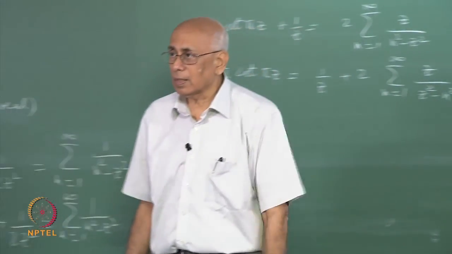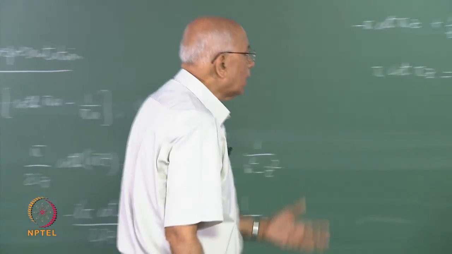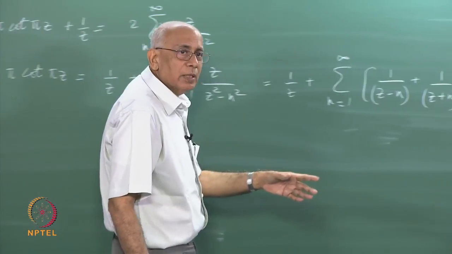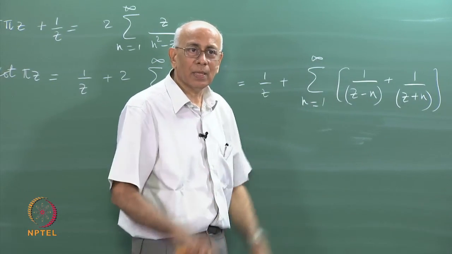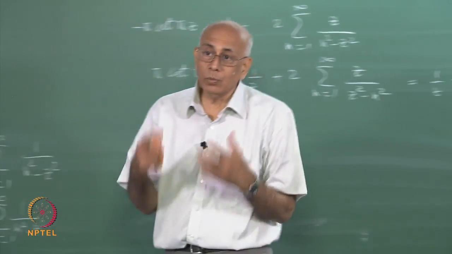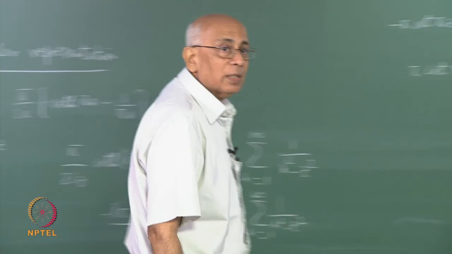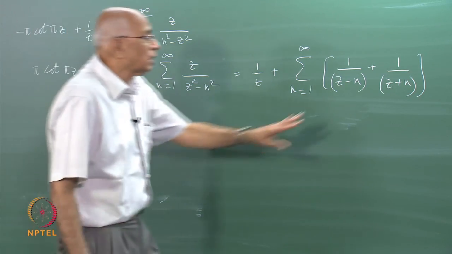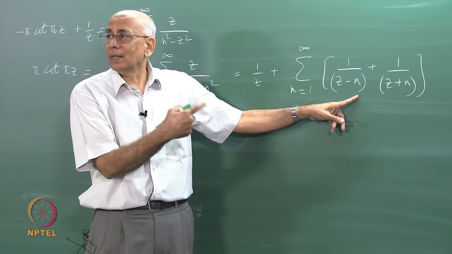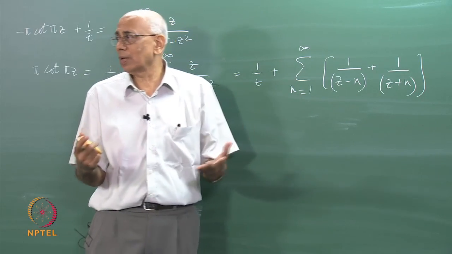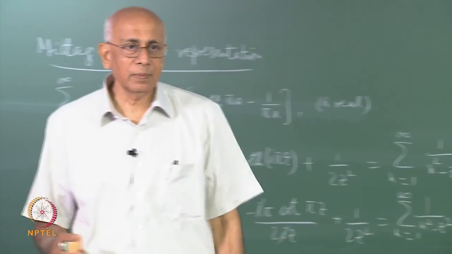This looks like such a representation, but not quite, because it is clear that it is not such a representation unless I can write this sum and this sum separately as two separate sums. Only then would it be a sum over all the poles individually. On the other hand, such a sum will diverge, because if I just remove this and write 1 over z minus n, then this goes like 1 over n, and therefore it blows up logarithmically, goes all the way to infinity, and the series is not convergent.